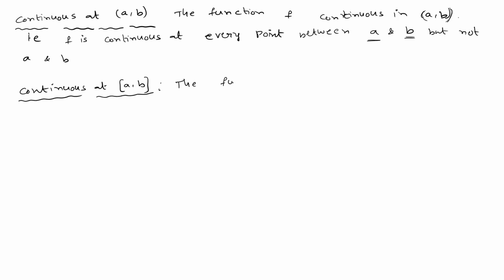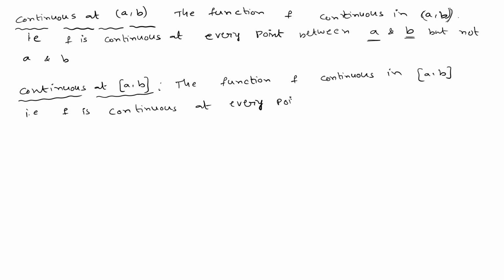Same here, the function f is continuous in the closed brackets a comma b, that is, f is continuous at every point from A to B. Whatever point you take from A to B, the function is continuous at the closed interval [a, b].